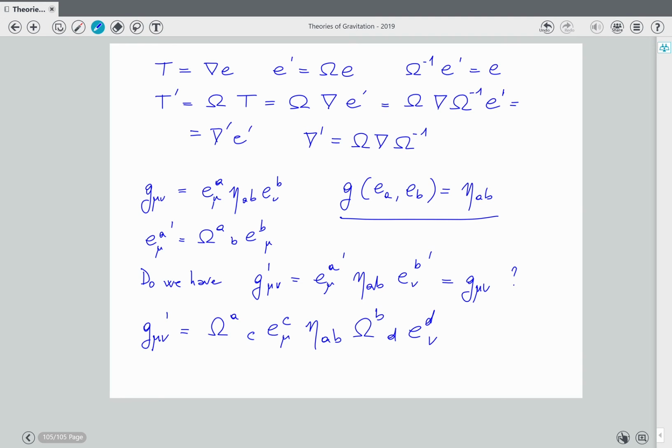Well, the metric is invariant, you see, only if, which is an if and only if, this product here is again eta CD. So that is a Lorentz transformation.